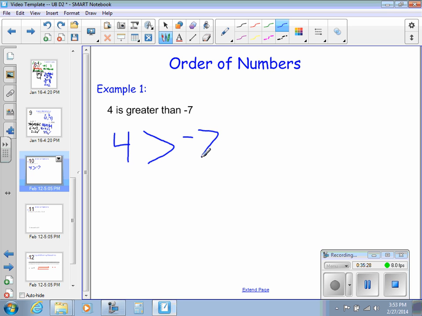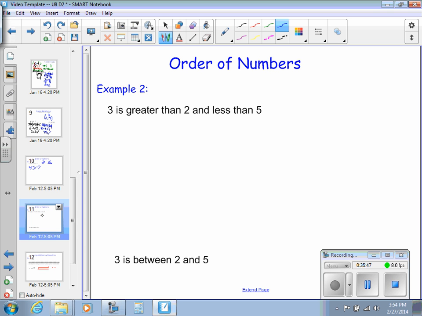Again, like you would do with your hands if you were indicating something small. Less than, of course, is just the other way. And then, of course, there's greater than or equal to, and less than or equal to. Okay, we'll talk more about those as we move on here.